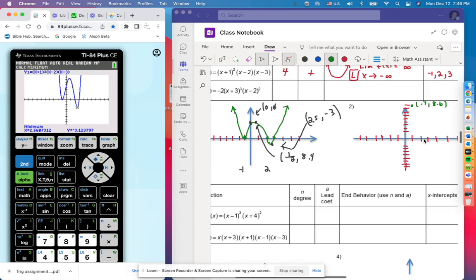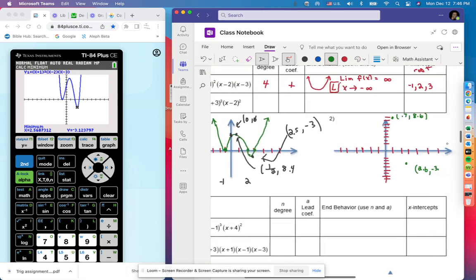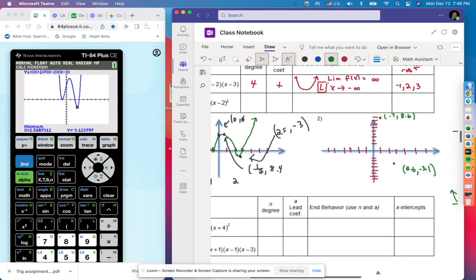So 1, 2.6 in between, down 1, 2, 3, about right here. Good enough for me. So now that's going to be 2.6 comma negative 3.1. Whoa. I was too close to the edge.